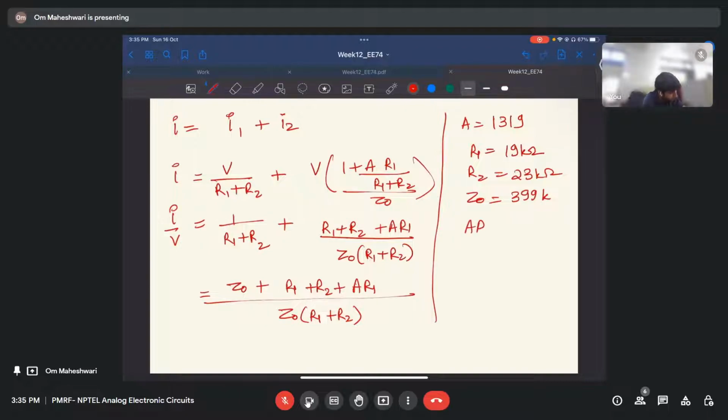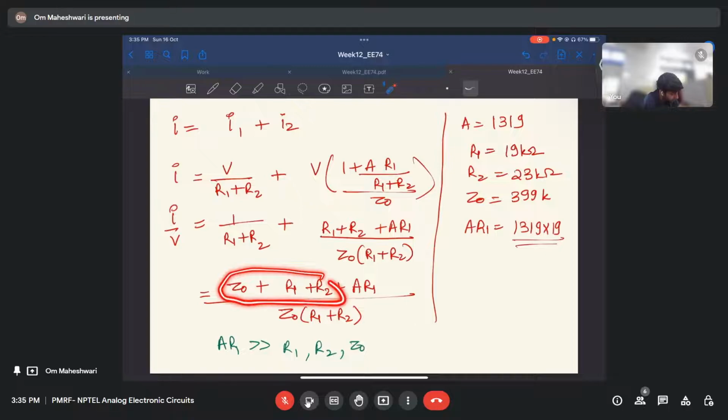So A times R1 will be 1319 into 19, a much larger value. So here we can assume that A R1 is much greater than R1, R2 and Z naught. So in the numerator we can ignore these three, right? It will be thousands of times more than these.